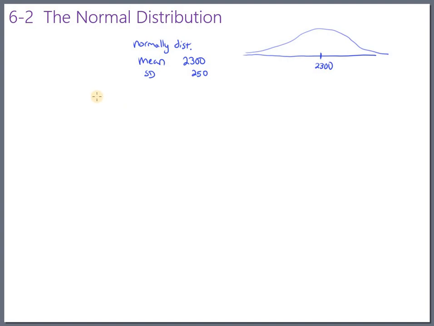So this time, let's ask the question, what percent of the time will the calorie consumption be between 2,000 and 2,500.